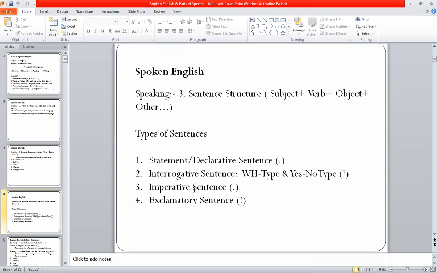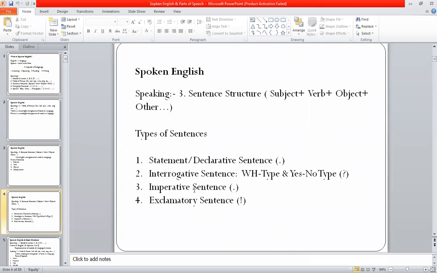Then let's discuss the types of sentences. How many types of sentences are there? There are four types of sentences. First is the declarative sentence or statement.